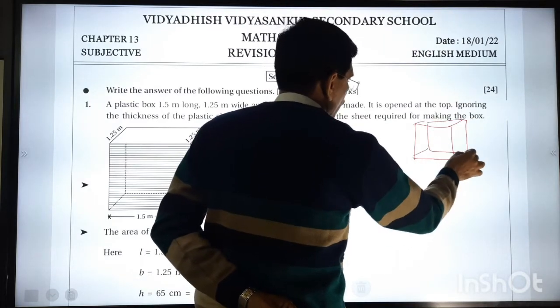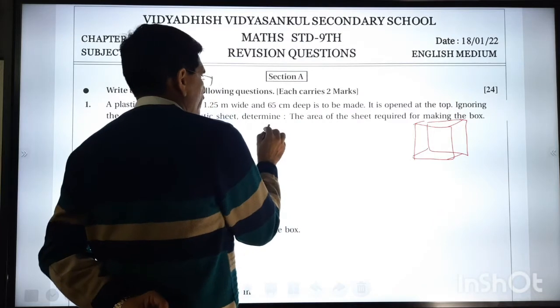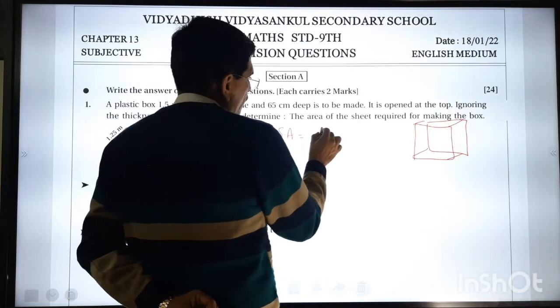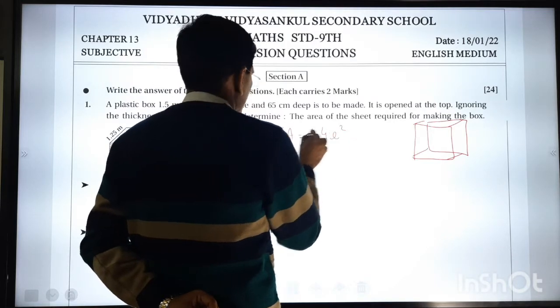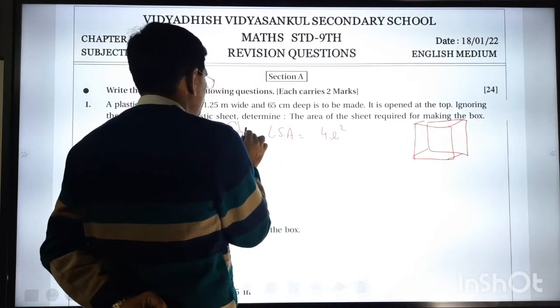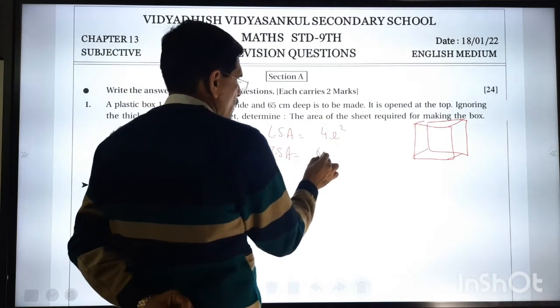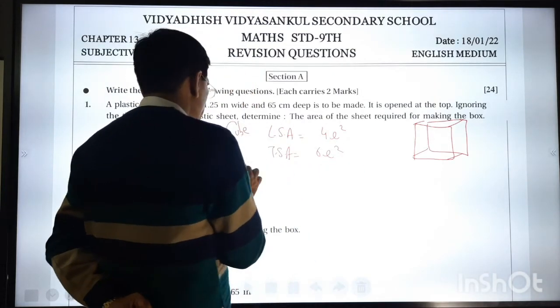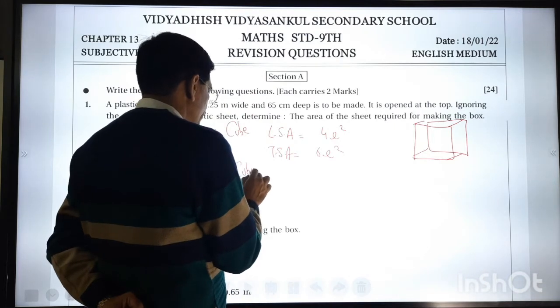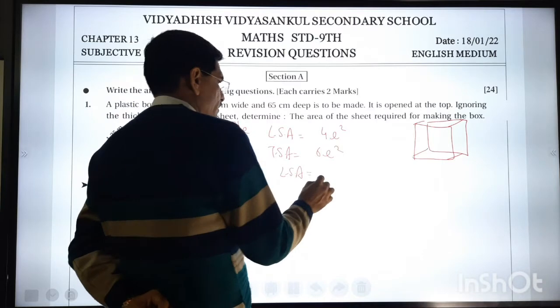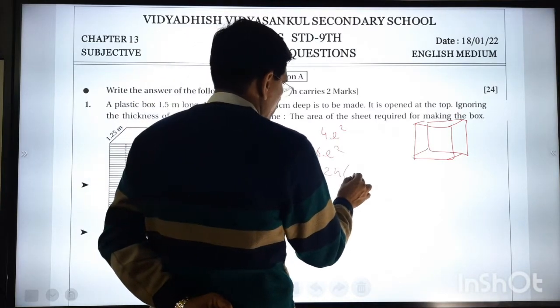So for cube, LSA is 4L square. We are discussing the cube. TSA is 6L square. Same thing, now we can discuss for cuboid. Again LSA, lateral surface area, is 2H(L plus B).